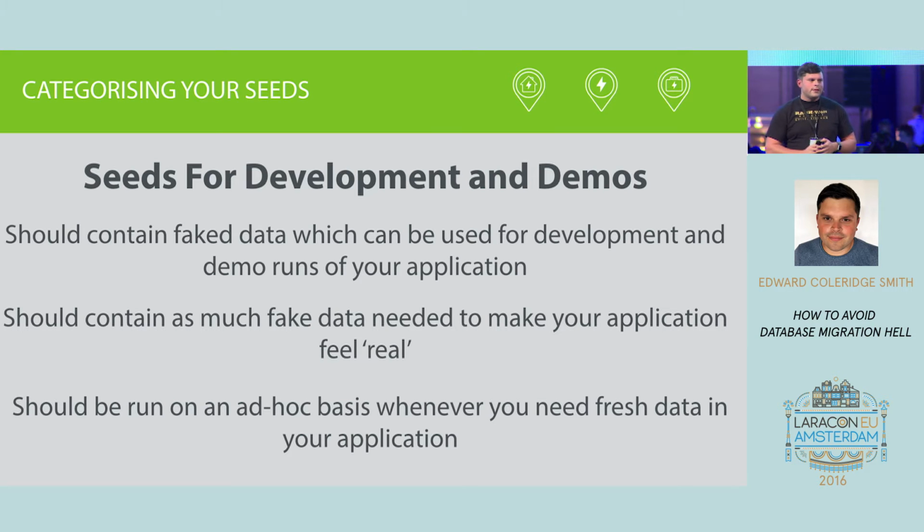And you just tend to call this on an ad hoc basis. Say you're developing and you messed up something and you just needed a new database, you'd remigrate it and then you'd seed it again. Or if you were spinning up a demo environment for someone giving a customer demo, you just use your demo seeds then as well.